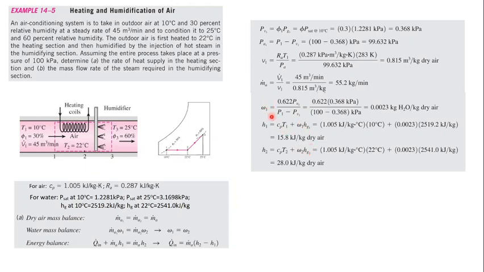This is how we get omega 1 using the basic formula of specific humidity. So this is the value of H2. This is the value of H1. So based on this energy balance formula for Q in, we get Q in as 673 kilojoule per minute. This is how much heat is being input to the air, assuming that there's no heat loss. Process is adiabatic, no heat loss.